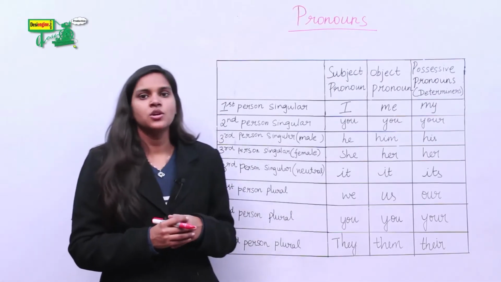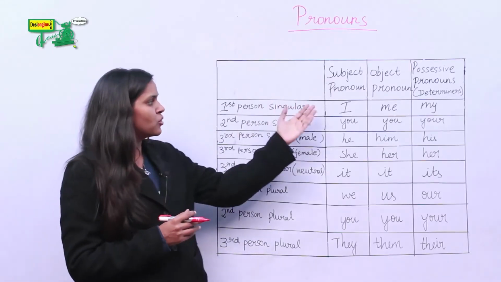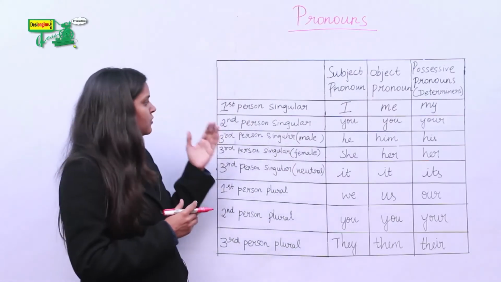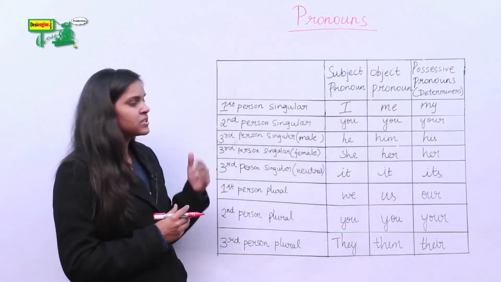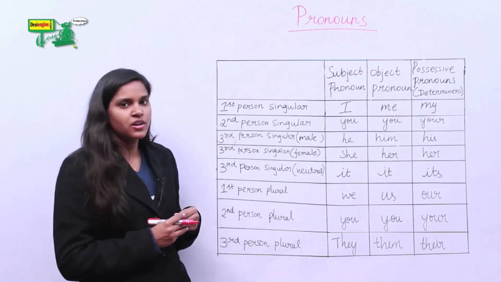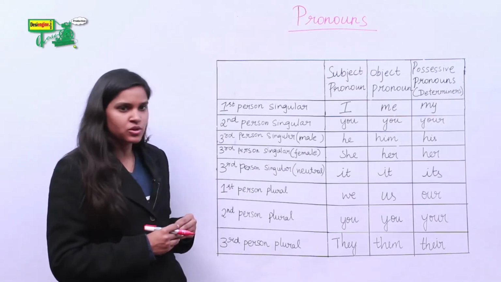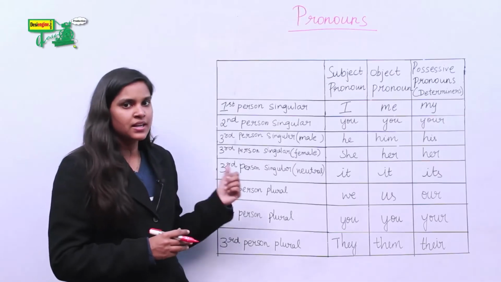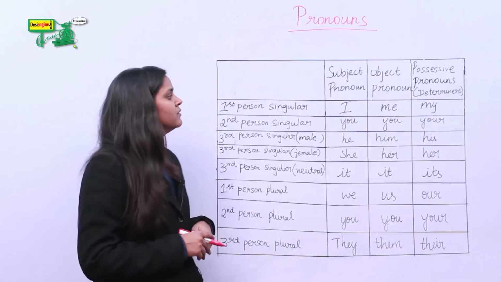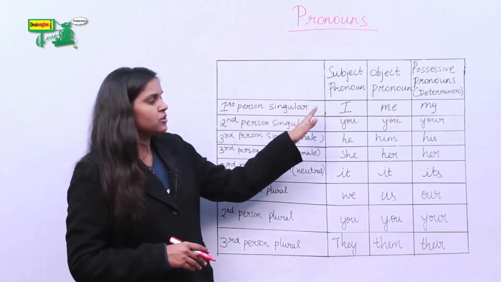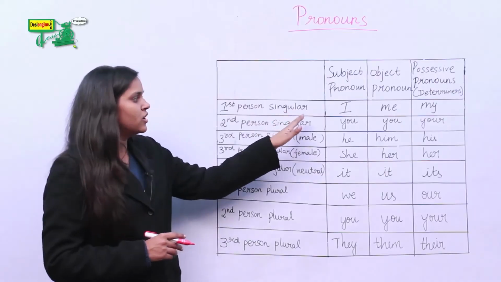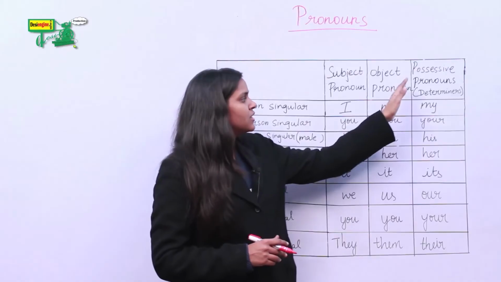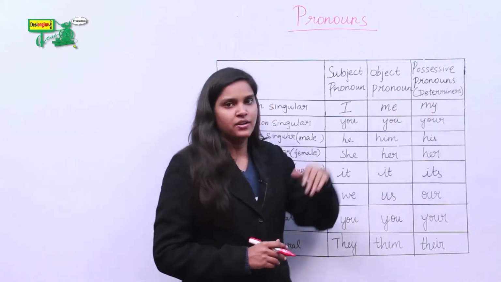Here is a table which denotes the subject pronouns, object pronouns and possessive pronouns of first person singular, second person singular, third person singular, first person plural, second person plural and third person plural form. So let's go through this one by one. The subject pronoun of first person singular is I, the object pronoun is me and the possessive pronoun is my.